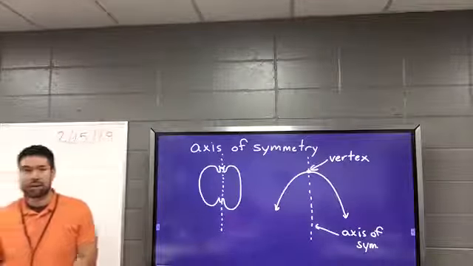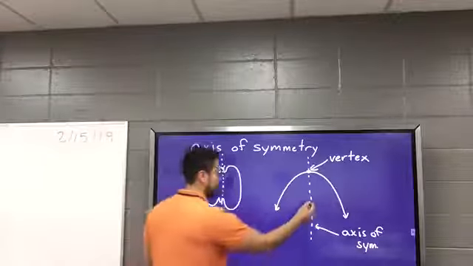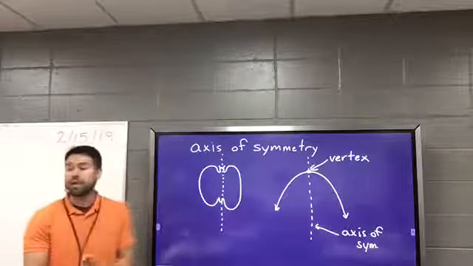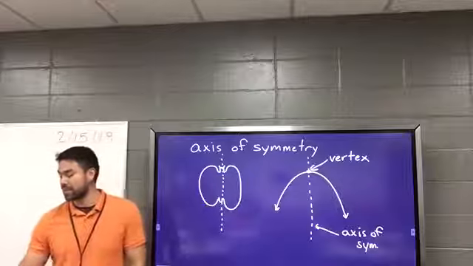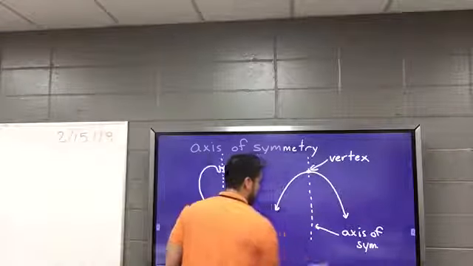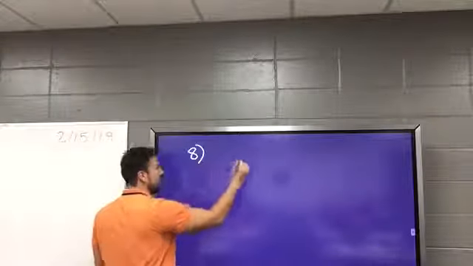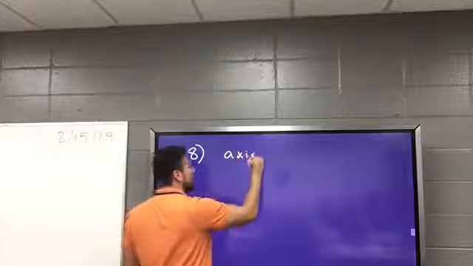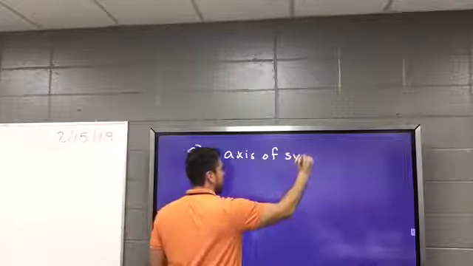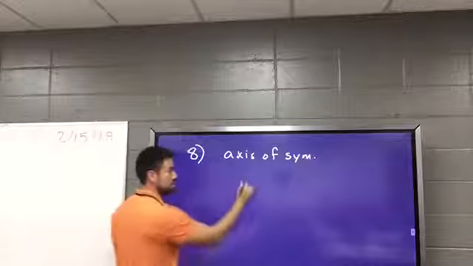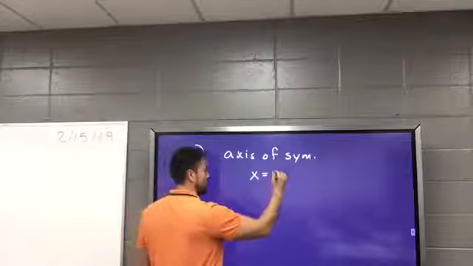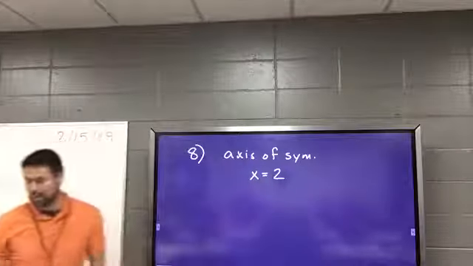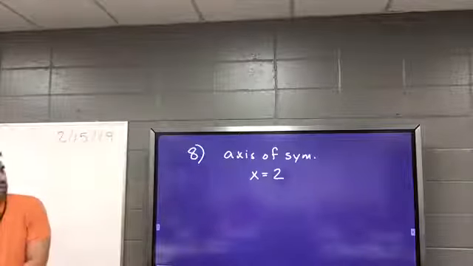So if it's a line, like this one or this one, you can write an equation. And on number 8, I'm going to add another screen. That axis of symmetry is equal to x equals 2. X equals 2. And you're like, because it's what?